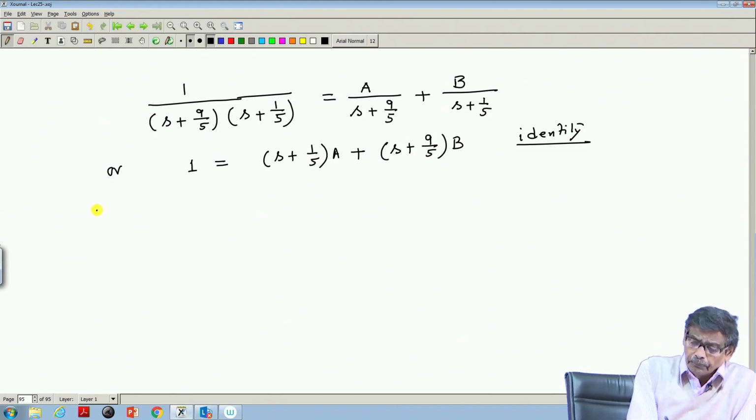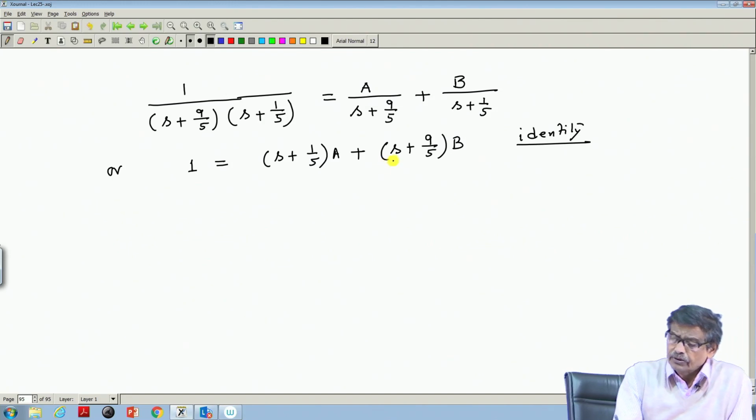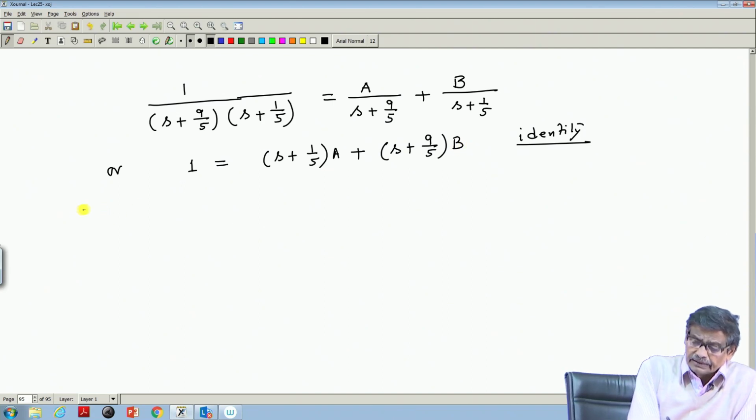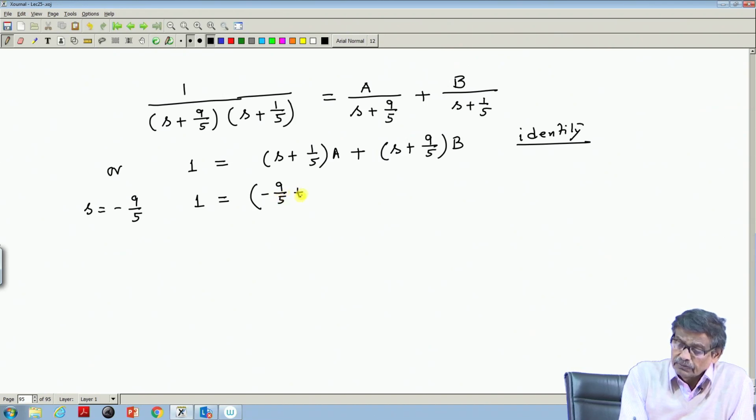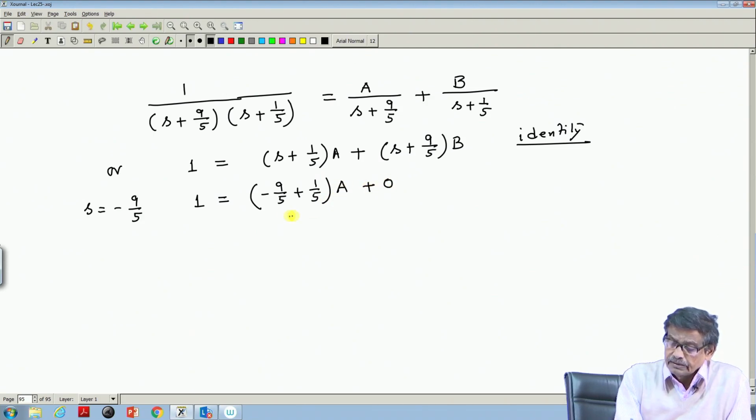So, put a value of S such that B will be eliminated. So, S equal to minus 9 by 5 if you put on both sides, on the left hand side there is no S term. So, it remains 1 and this will then become minus 9 by 5 plus 1 by 5 into A, and this term becomes 0.